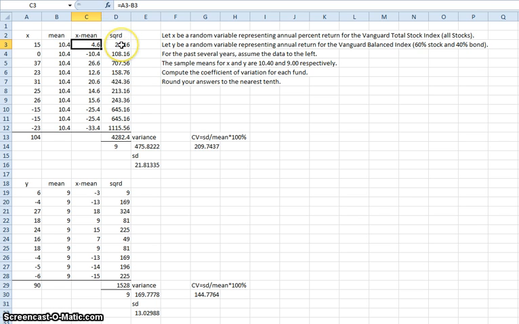The next box that we're going to use is taking that value that it just calculated, which is in C3, and it's going to square it.